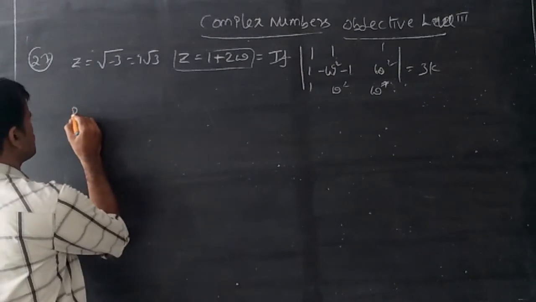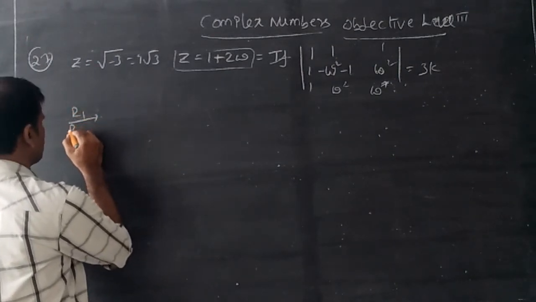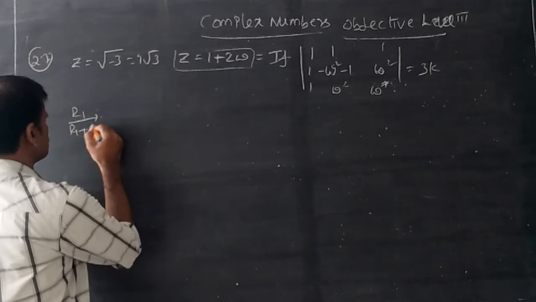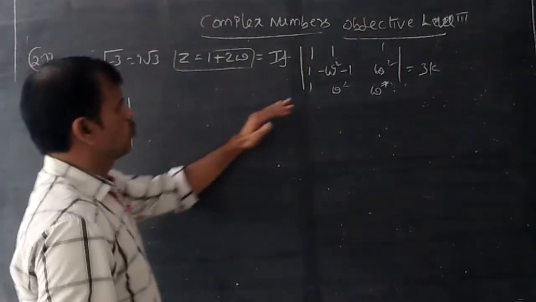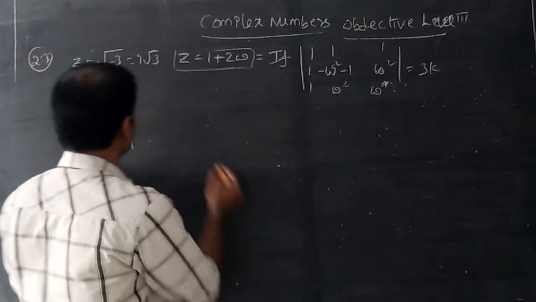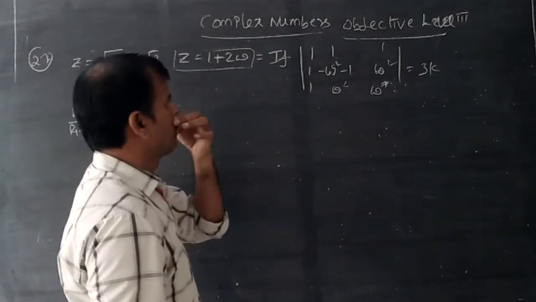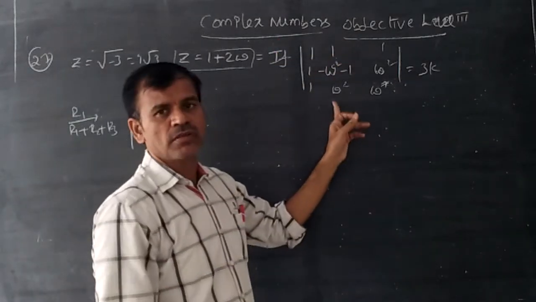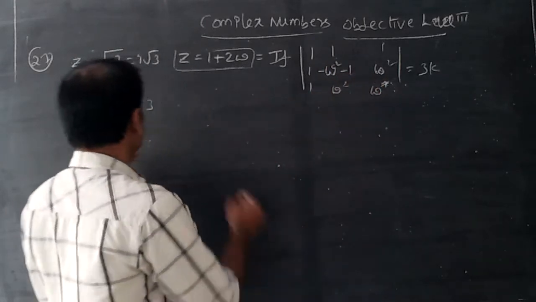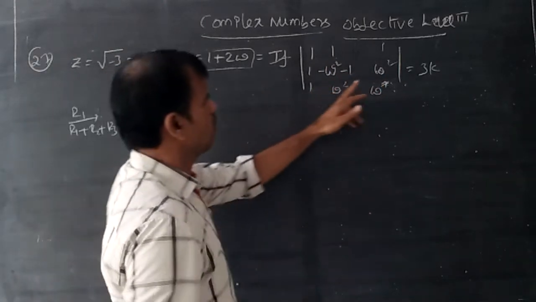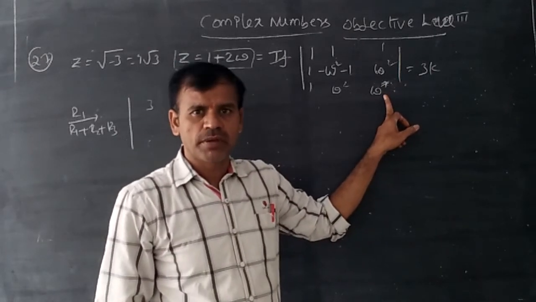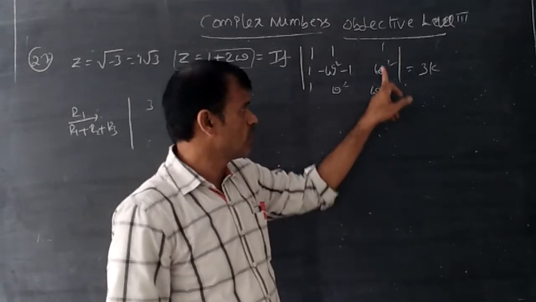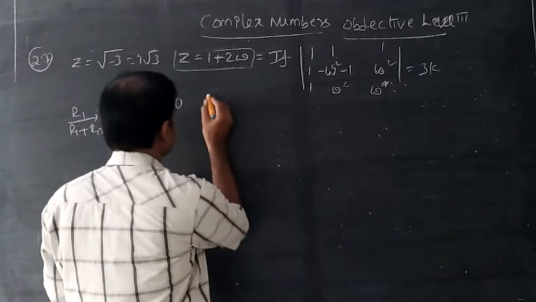Now it is better to change R1 into R1 plus R2 plus R3. So 1 plus 1 plus 1 becomes 3. Here 1 plus omega square minus omega square minus 1 becomes 0. And omega power 7 can be understood as omega, because omega power 6 into omega. So 1 plus omega square plus omega becomes 0.